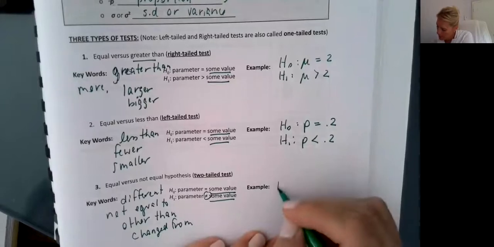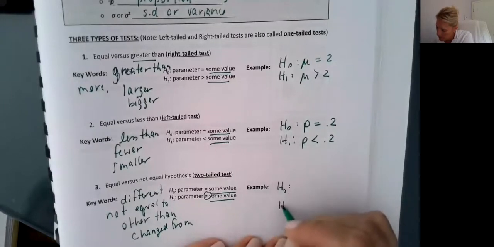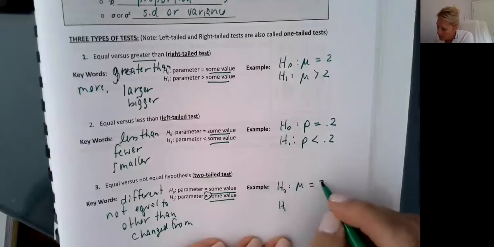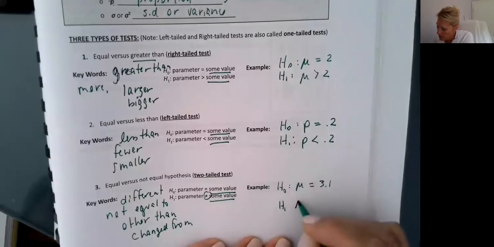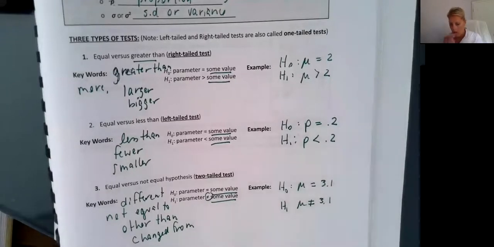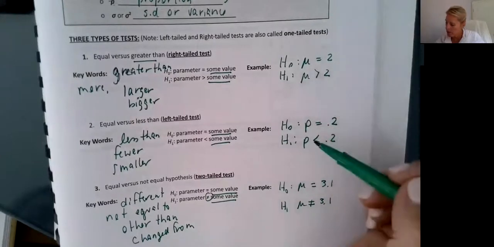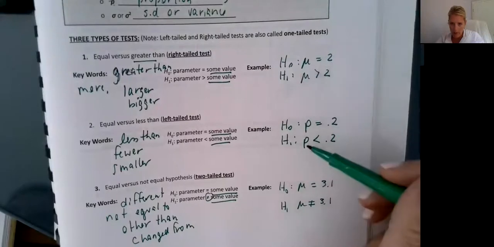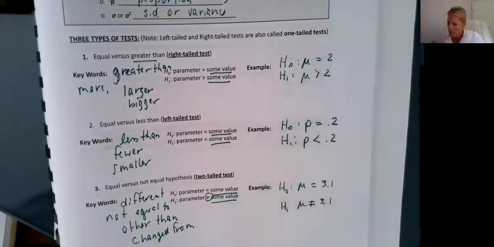So an example like this might be mu is equal to 3.1, or mu is not equal to 3.1. So these are the three types of tests: a right-tailed, a left-tailed, and a two-tailed. Or in other words, a greater than, a less than, and a not equal to.